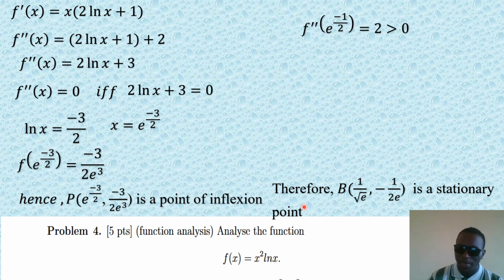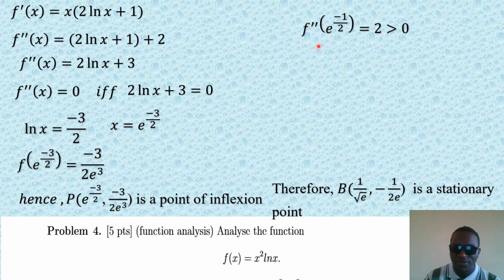Let's look at it. When f double prime at that x value is greater than 0, we know that it is a local minimum. When it is less than 0, it's a local maximum. And when it's equal to 0, you cannot conclude. You have to go back to the first derivative test.